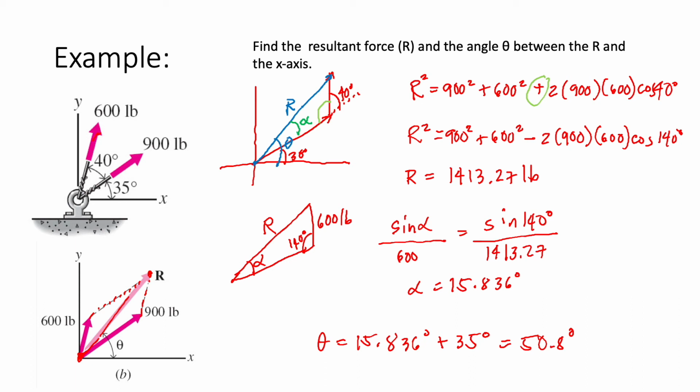So therefore our resultant vector now is equal to 1413.27 pounds, 50.8 degrees. So this is our final answer.